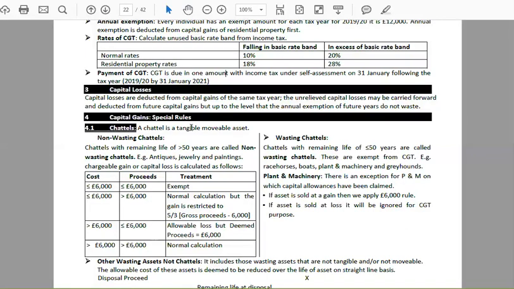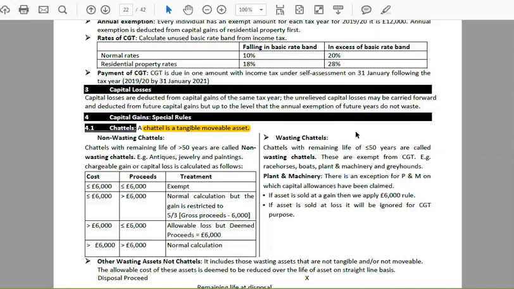Today, the main topic which we are going to start is chattels. So what are chattels? Chattels are basically tangible and movable assets. Any asset which has physical existence and which we can move from one place to another without any alterations, just like your mobile phone.